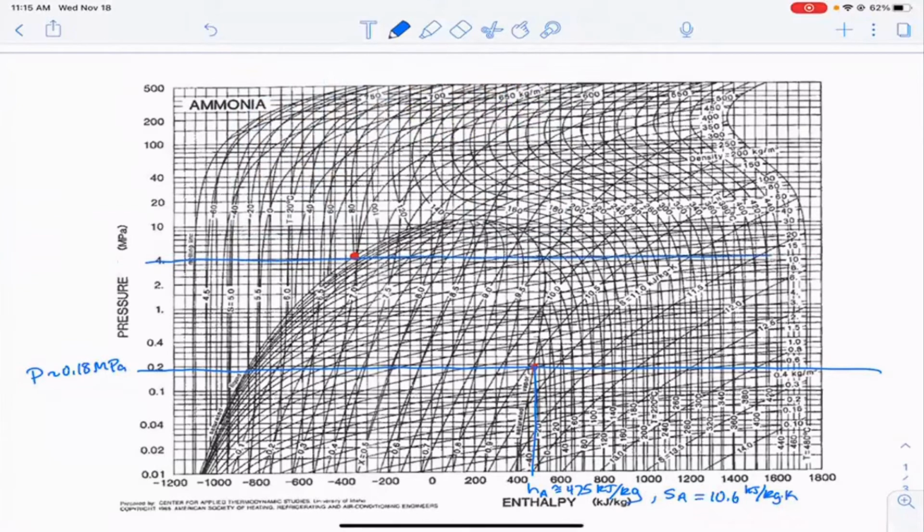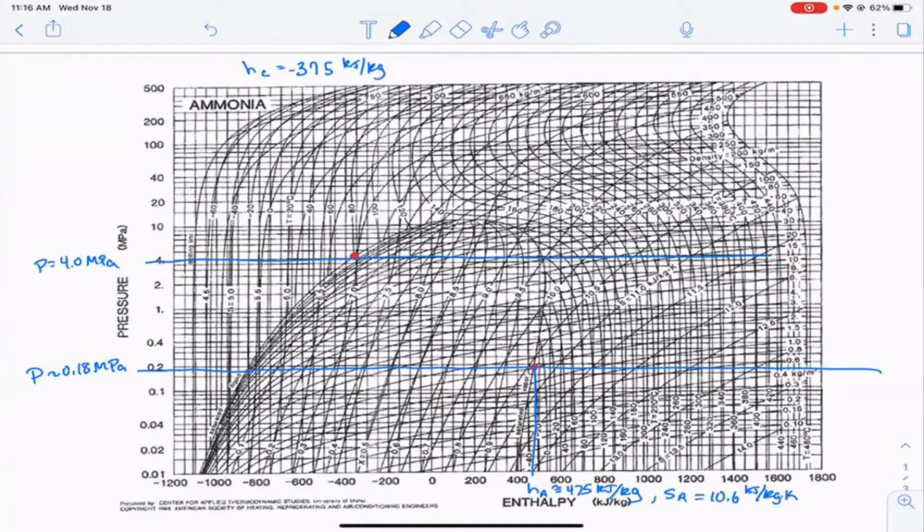There we go. That line's better. So at 80 degrees C, we know that the pressure is 4 megapascals. And again, we can go straight down, and measure that the enthalpy at C is approximately -375 kilojoules per kilogram.